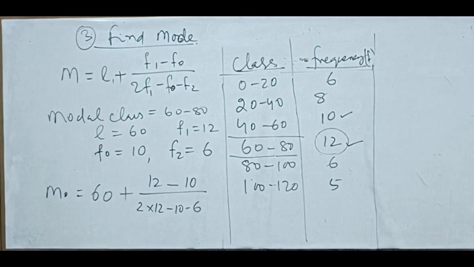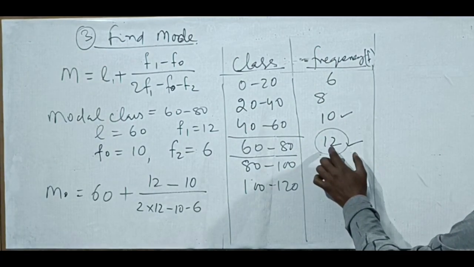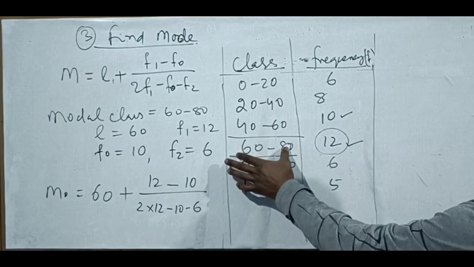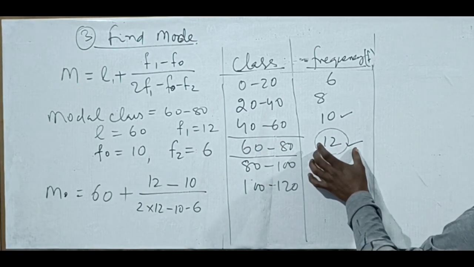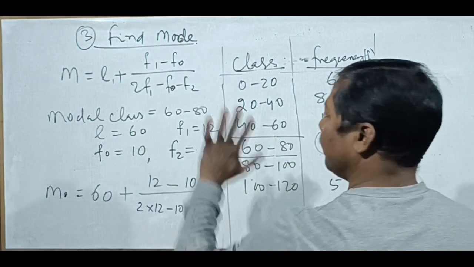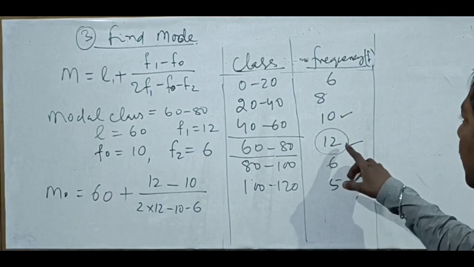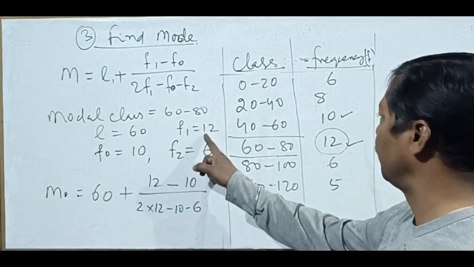So first take the highest frequency and the class interval which represents it, which will be the modal class. The lower limit will be L. And the frequency of the modal class will be f1.